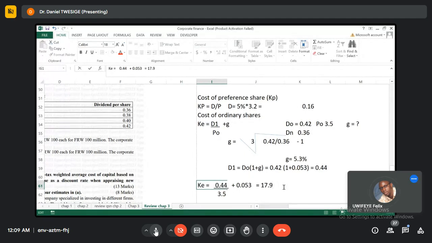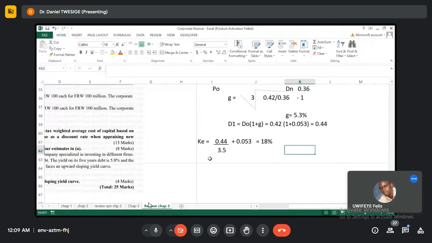You have rounded off. That is it. Okay. And of course, you cannot fail to be given marks. 17.9 and 18 are almost the same.